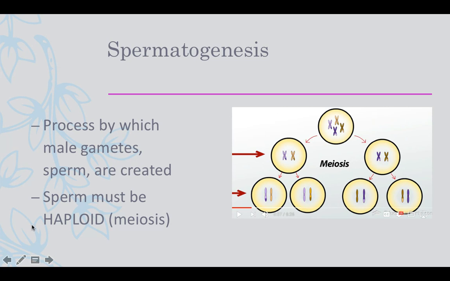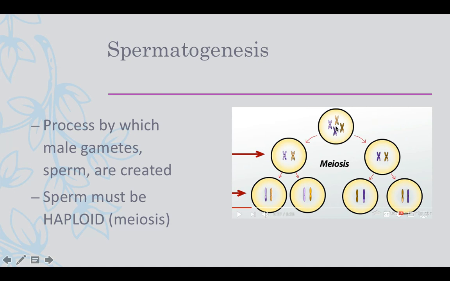It's pretty basic. It's called haploid, and that just means making something that's doubled into half the number. I remember it because half starts with an H, and haploid starts with an H. When it's doubled, it's called diploid, and so I remember double, diploid. And you can see here that meiosis, its whole point is to make something that's doubled into half.